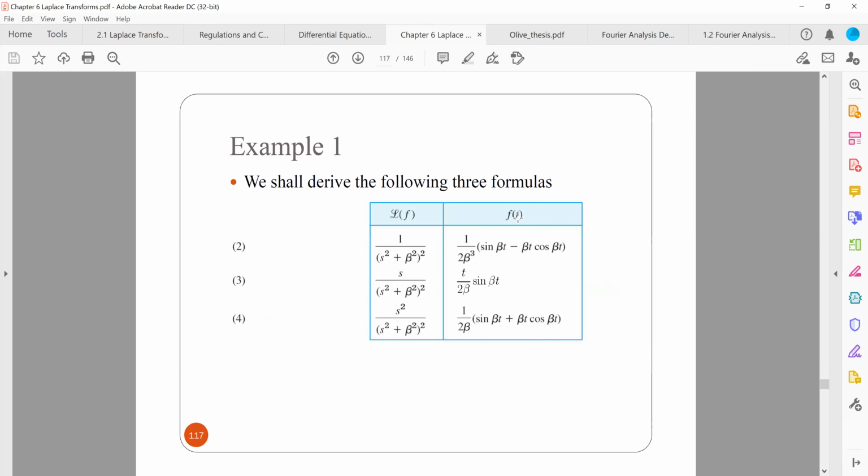If you look at formula 3 here, you have s over (s squared plus beta squared), then the square of that.